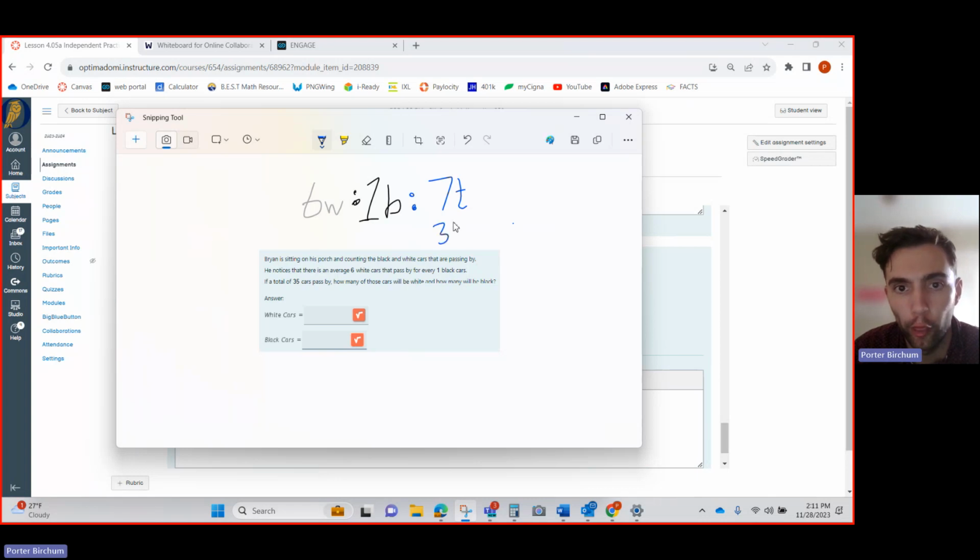If there were 35 total cars, how many of the other ones are there? Let's find that common multiplier. What do I times the small total by to get it to be the big total? 7 times what is 35? Nice. 7 times 5 is 35.